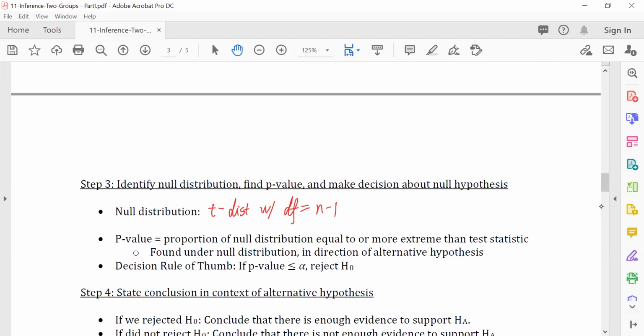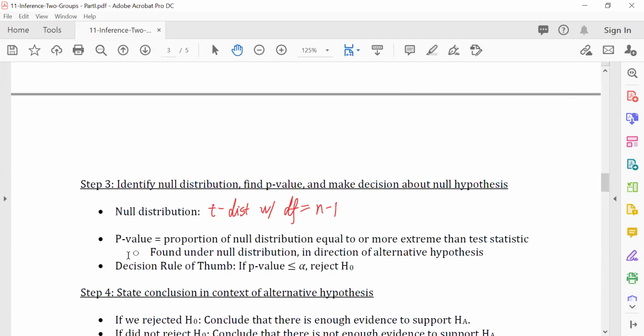Remember I mentioned one of the very obvious features of this pair data is the two groups are going to have the same sample size n, and that is quite reasonable to understand, right? You are actually having the same unit just on two different measurements, so of course they are going to have the same sample size. So the null distribution will be a t-distribution with degrees of freedom equals to the same sample size n minus 1.